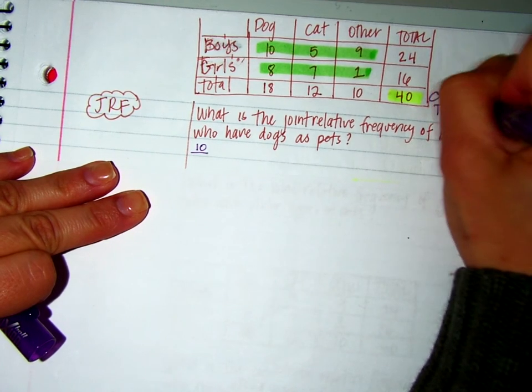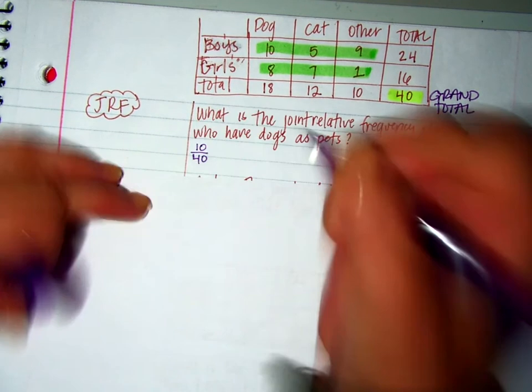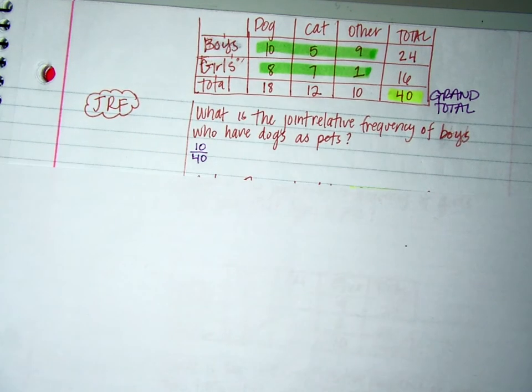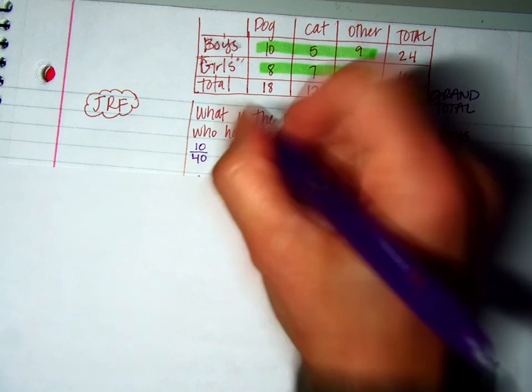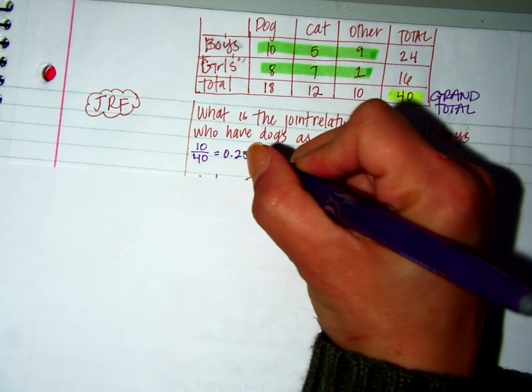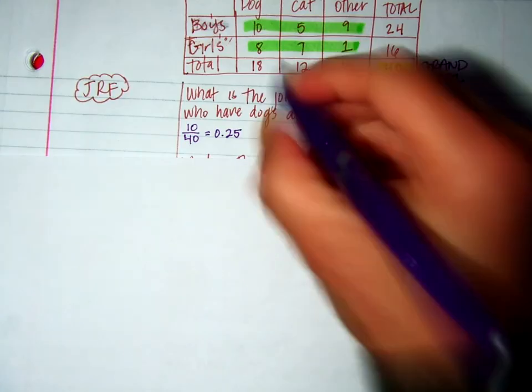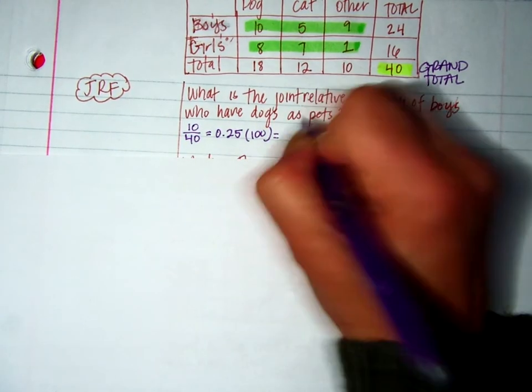Okay? And we're going to divide this by 40. So again, grab your calculator, divide 10 by 40, and you're going to get 0.25. Again, we want to convert this into a percent. So go on ahead and multiply it by 100. And we're going to get 25%.